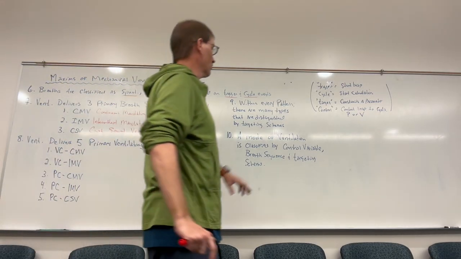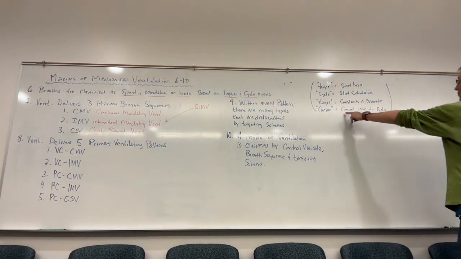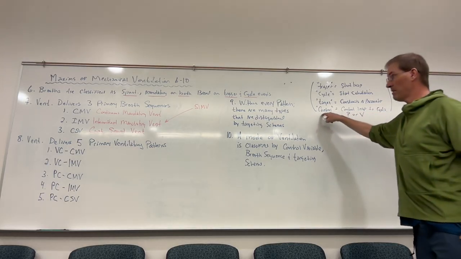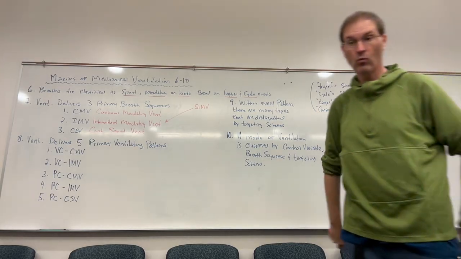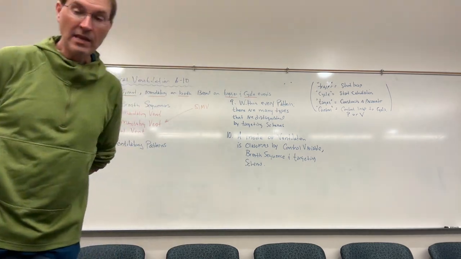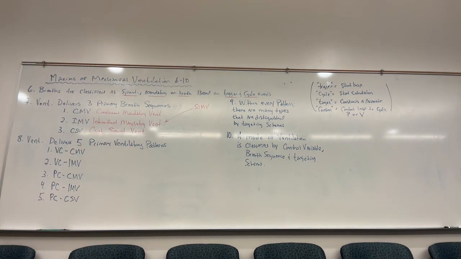And remember, the control variable is what is being used to control the cycling from inspiration to expiration, right? That's what it means to say control, right? That's one of the 2 variables that we can interface with during inspiration, right?